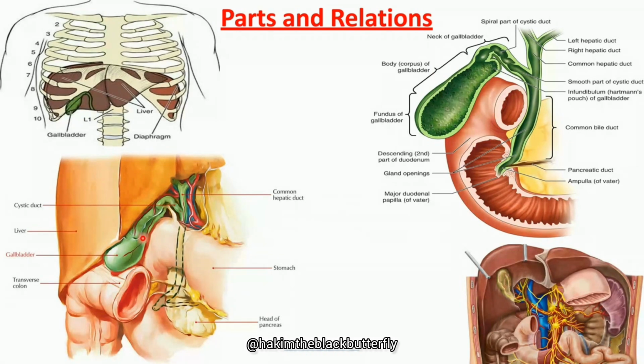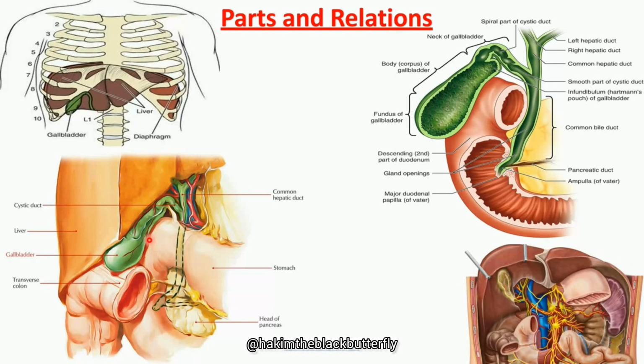This image is still showing us the same, just to make us easily appreciate the relations. Our gallbladder is just inferior to the right lobe of the liver, and posterior to it we have the duodenum, as you can see, and then part of the transverse colon.